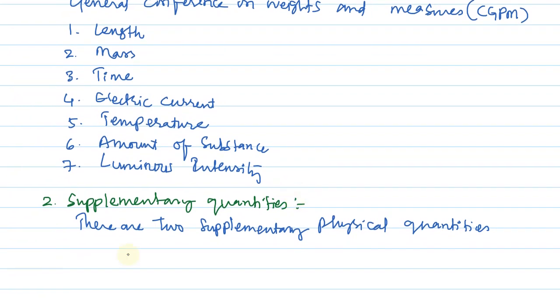First one is plane angle, and second one is solid angle. These two come under supplementary quantities. Fundamental quantities are 7: length, mass, time, electric current, temperature, amount of substance, luminous intensity. When it comes to supplementary quantities, there are 2. First one is plane angle, second one is solid angle.